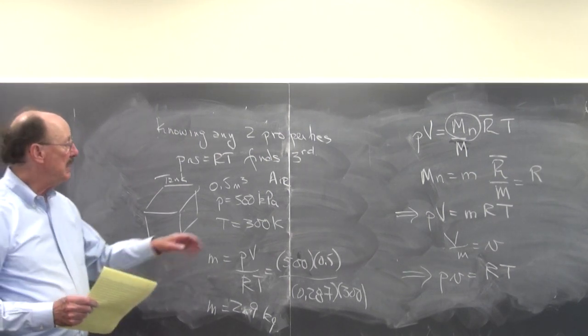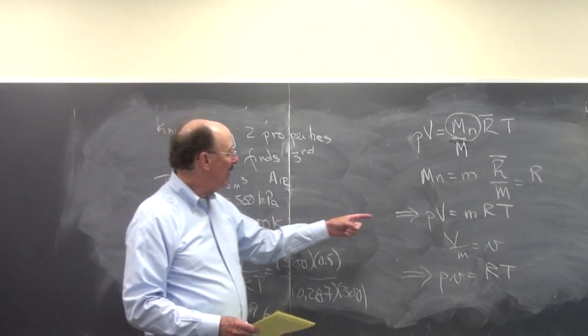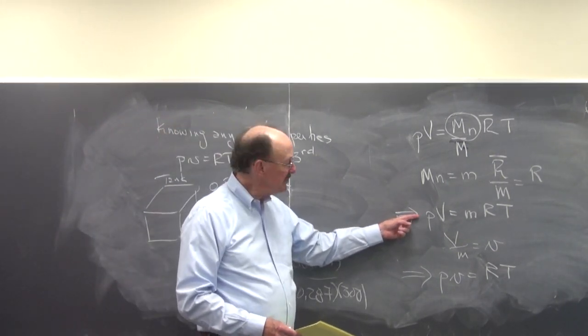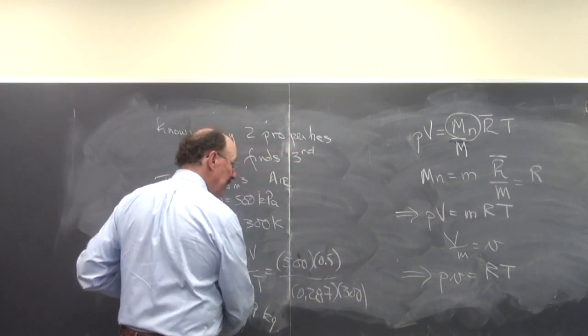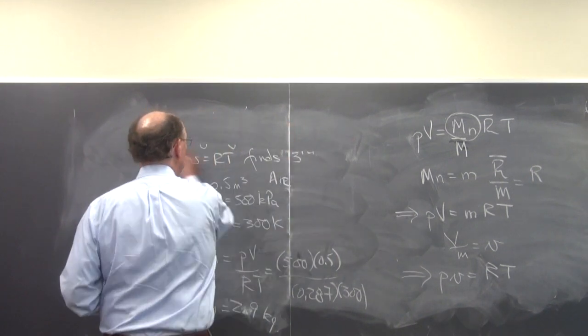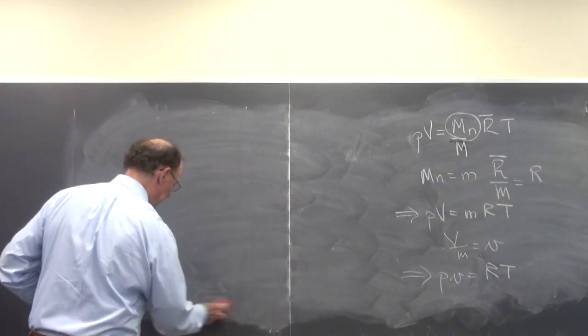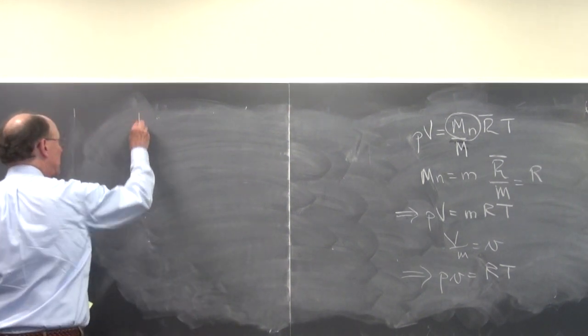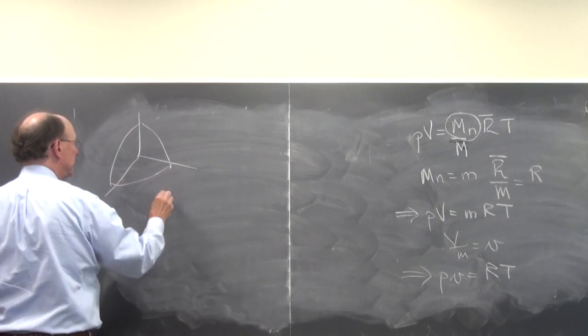And so this is using the ideal gas equations of state, and I have this version where I have mass, and this version where I don't. And basically if I look at this latter one, what you're doing is you're really describing a three-dimensional surface.